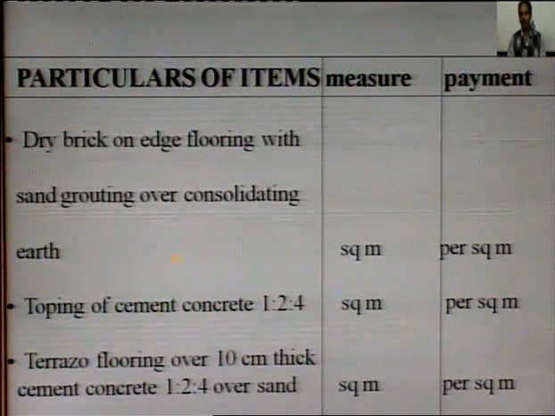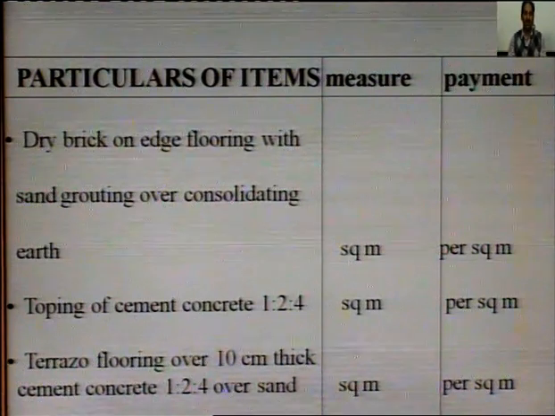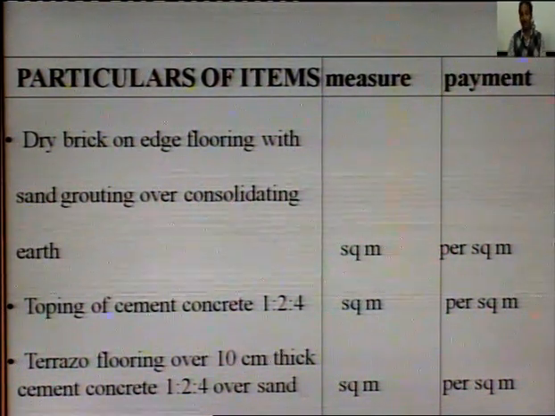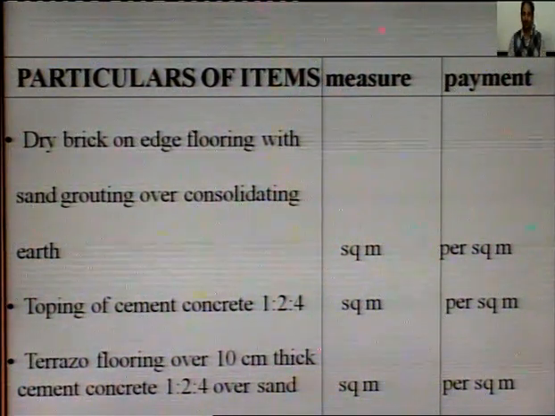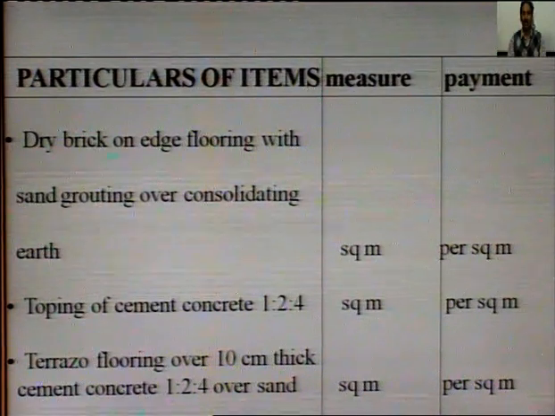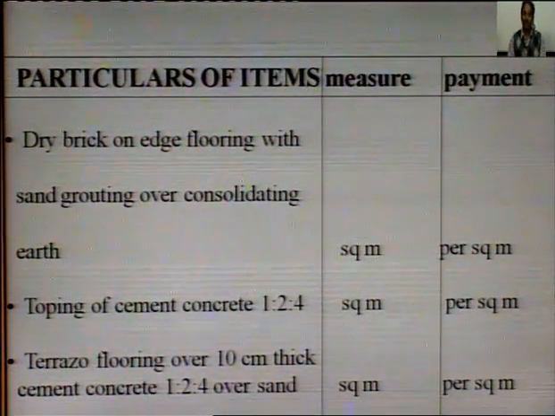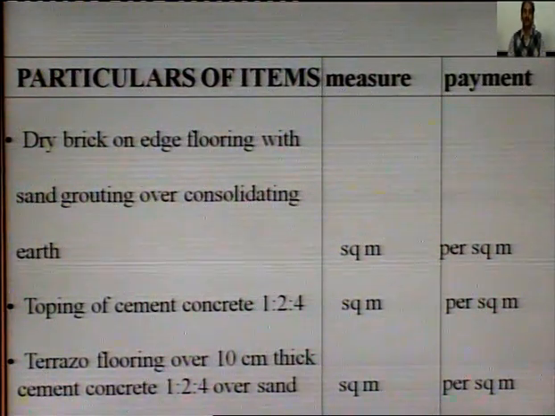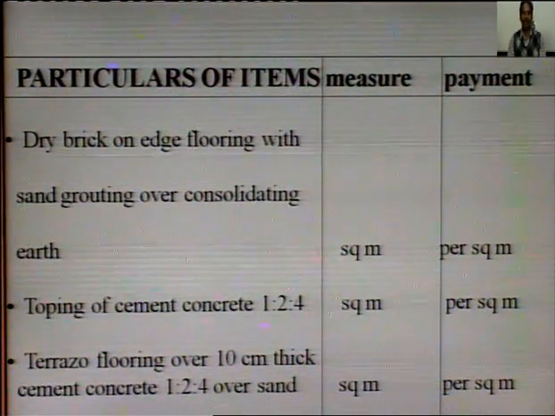So, this topping of 1 inch, here thickness is specified, 25 centimeter. If you provide topping of cement concrete with the ratio 1:2:4, 1 part cement, 2 parts sand, 4 parts aggregates, your unit of measurement is square meter. Square meter, because in this case thickness is specified, and then your payment is per square meter.